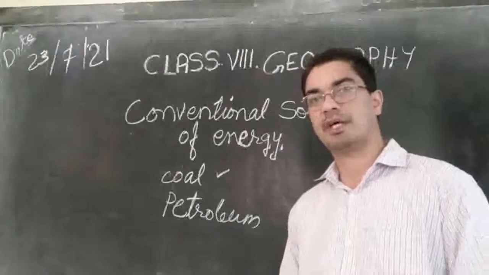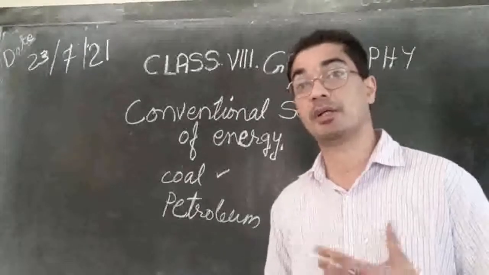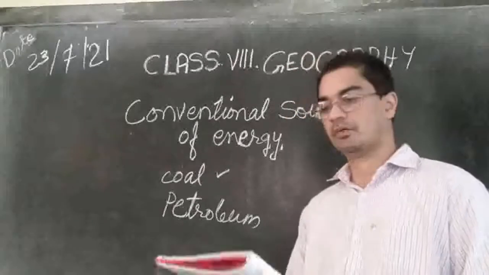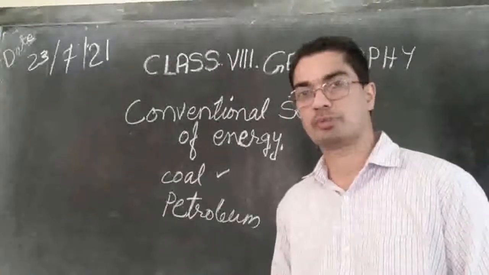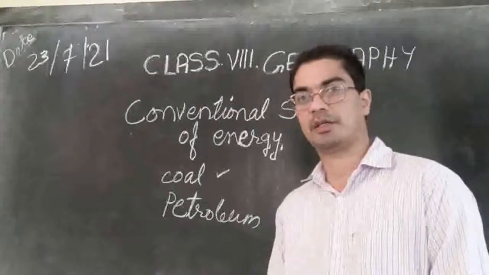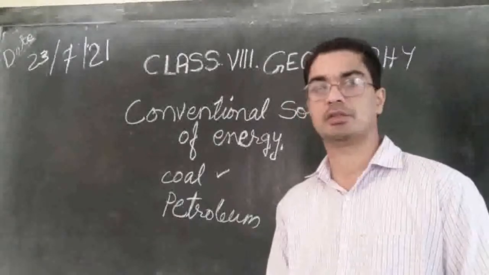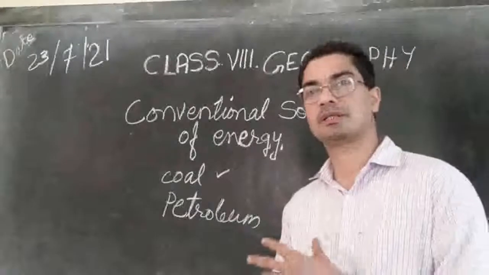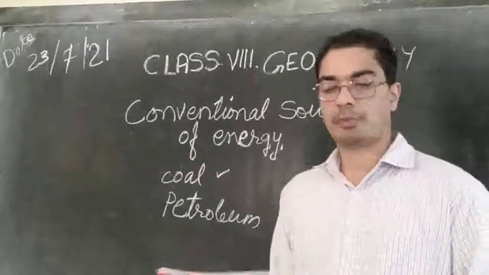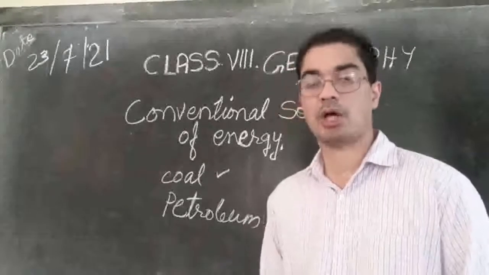The animals and the trees that were buried under the earth for millions of years finally turned into petroleum products. So petroleum, and different varieties are there, the kerosene, the diesel, all these are called petroleum products. So the petrol that keeps your car running.